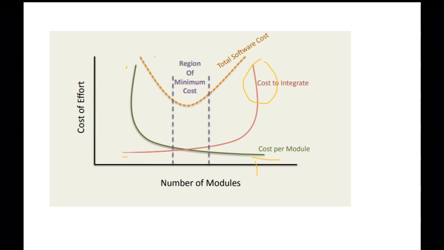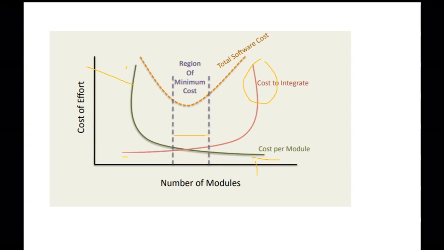So we should go with a range of number of modules, and those are shown here between these two blue lines, and this is the area where cost per module and cost to integrate are both minimum.